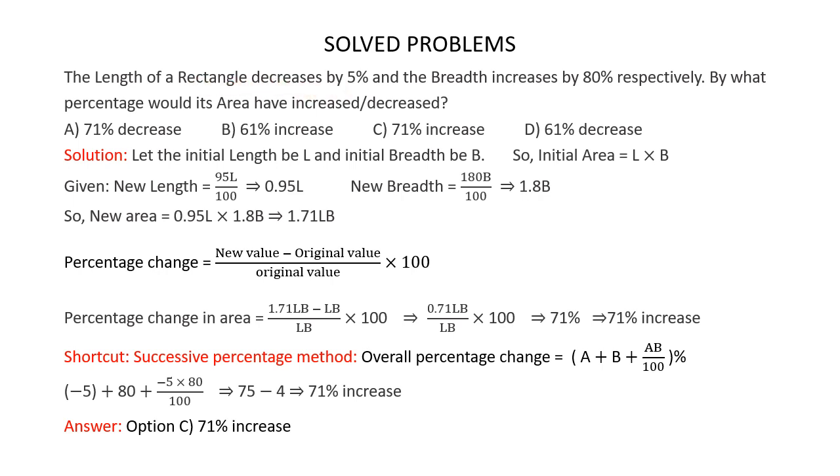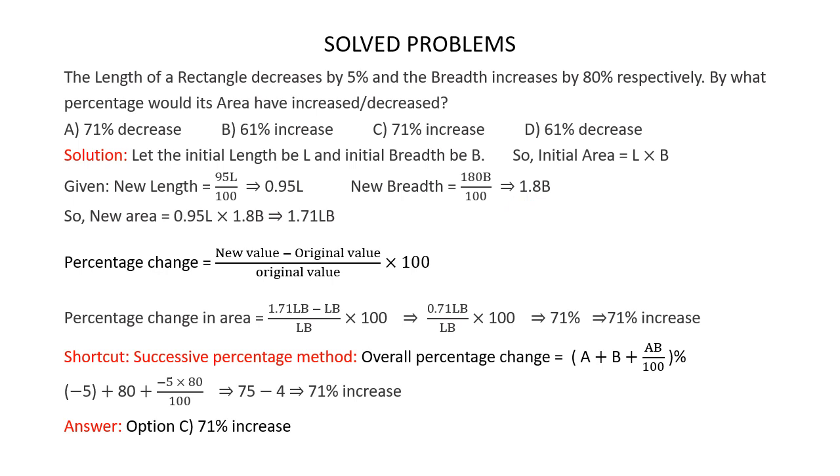So new length would be 95L divided by 100, which is nothing but 0.95 L. It's given that the breadth increases by 80%. So new breadth is equal to 180B divided by 100, which is nothing but 1.8 B.